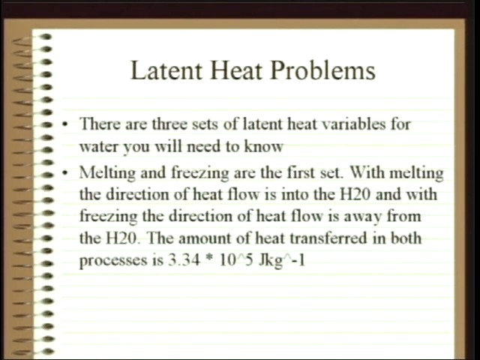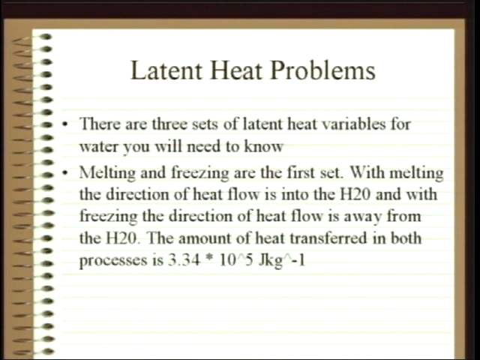Next, we'll look at latent heat problems. There are three sets of latent heat variables for water that you're going to need to know for this course. The first set is melting and freezing. With melting, the direction of heat flow is into the water, and with freezing, the direction of heat flow is away from the water.